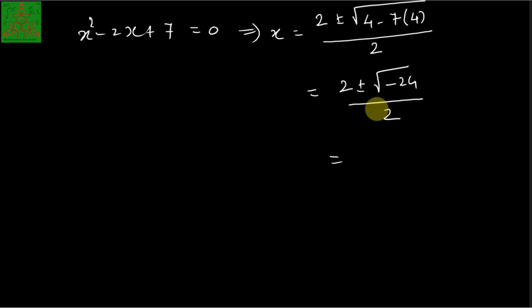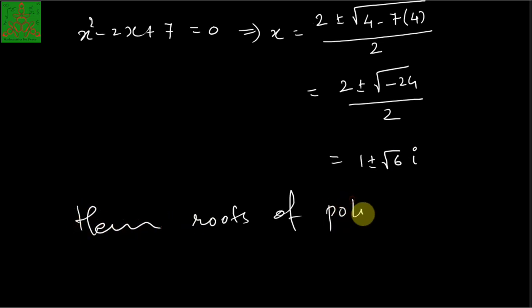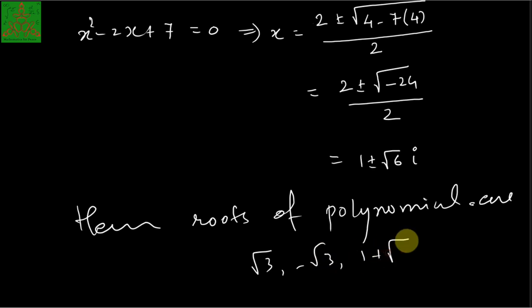So if I take common 4 from this square root and cancel out 2, this will give you 1 plus or minus root 6i. So hence the roots of the polynomial are root 3, minus root 3, 1 plus root 6i and 1 minus root 6i. They are the roots of this polynomial that we can get.